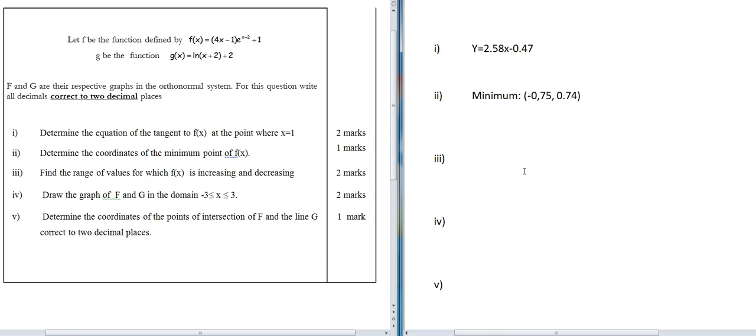Okay, so you can say f(x) is decreasing for x less than minus 0.75, and then we can say that f(x) is increasing for x greater than minus 0.75.